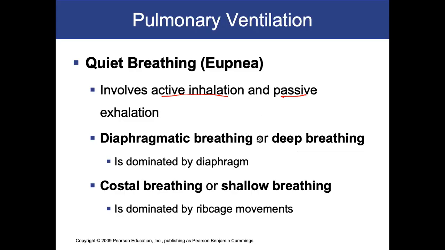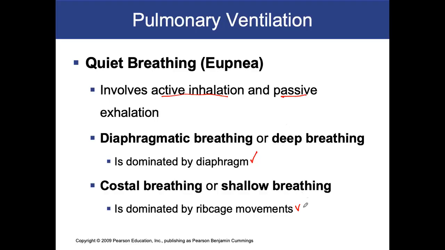Diaphragmatic breathing or deep breathing is actually dominated by the diaphragm. And then costal breathing or shallow breathing is dominated by rib cage movements. Usually you can tell if somebody's diaphragmatic breathing because this is considered to be belly breathing. When somebody is trying to take deep breaths to relax, they're going to do deep breathing.